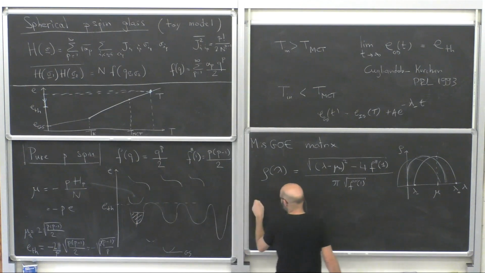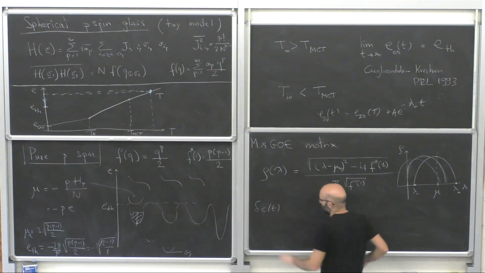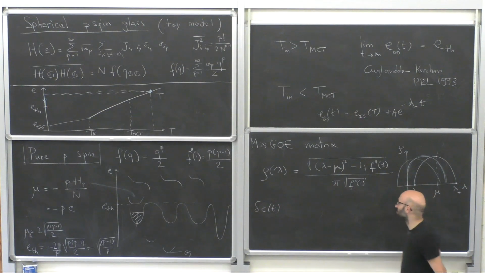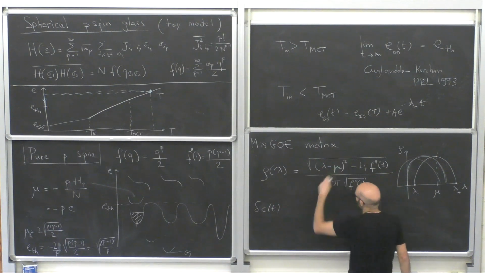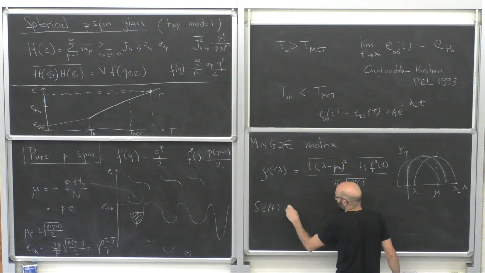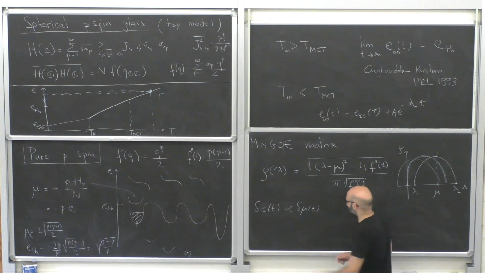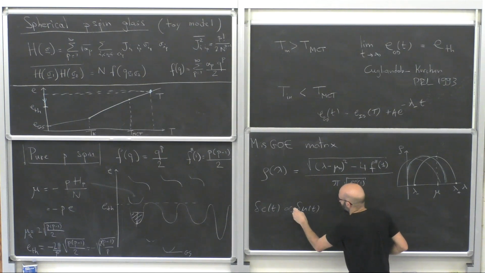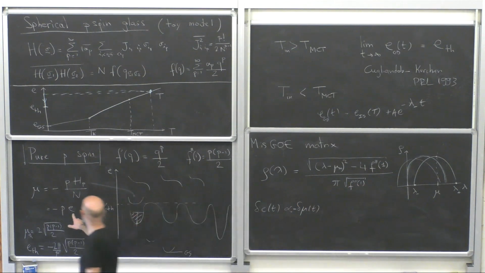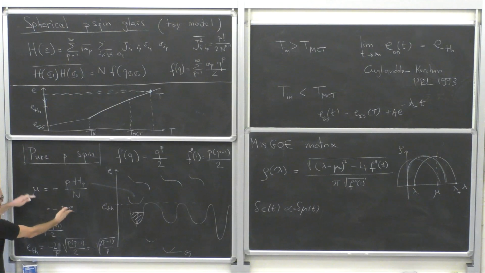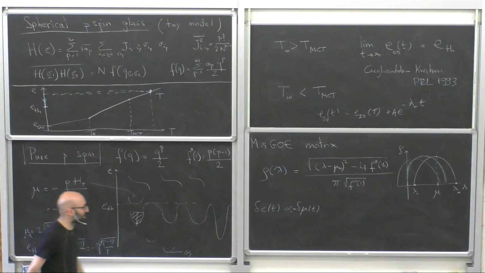So let me call delta E of t the difference, E minus the threshold. This is proportional to minus delta mu of t, because the energy is proportional to mu. This is exact, true at all times, where mu threshold is this and delta mu is mu minus mu threshold. So delta energy is minus delta mu.